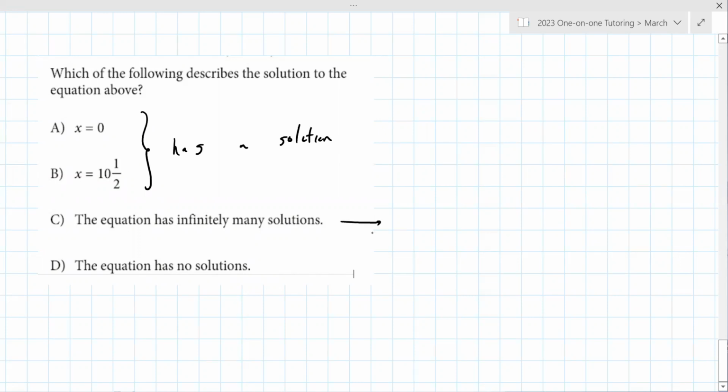Infinitely many solutions means there's some sort of overlap potentially. And no solutions means they don't intersect. There's no intersection at all. But like I said, there are always exceptions to everything. This one, you will find that we do have to actually solve. Let me grab the question fully.